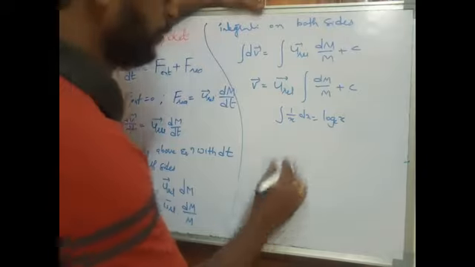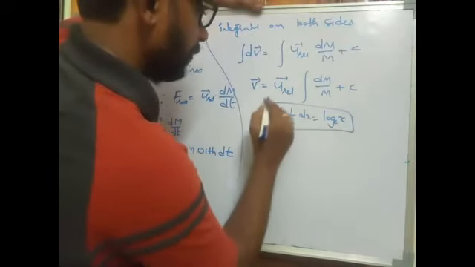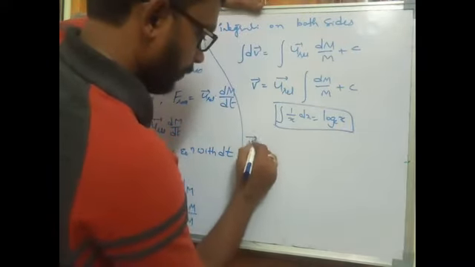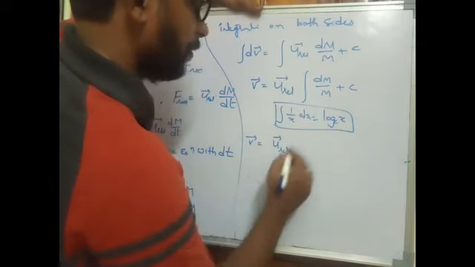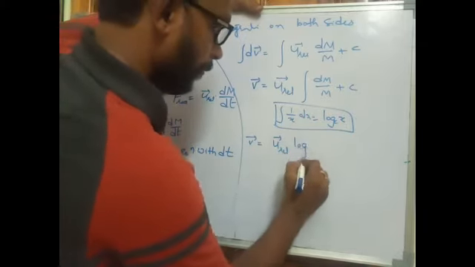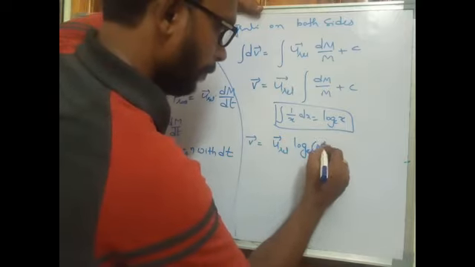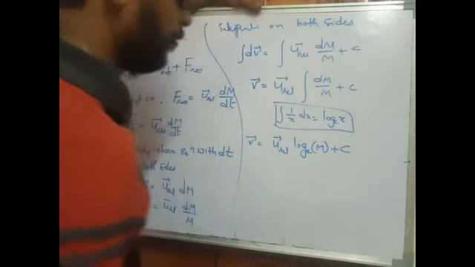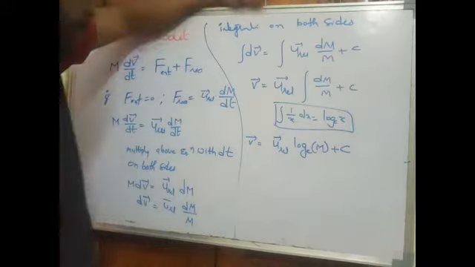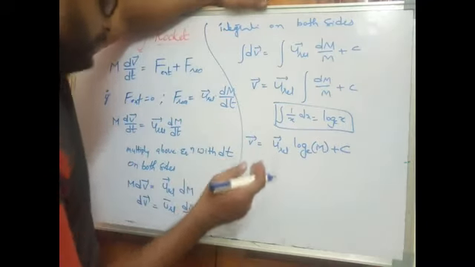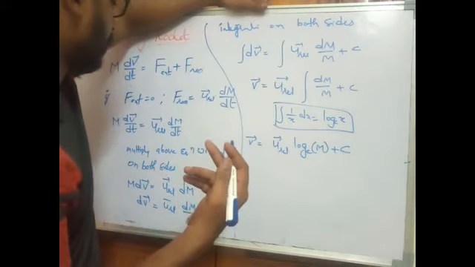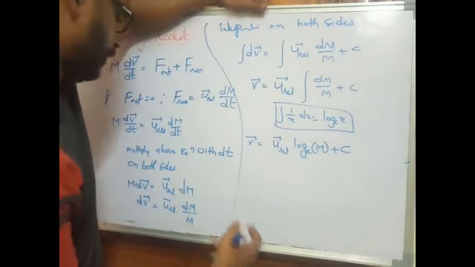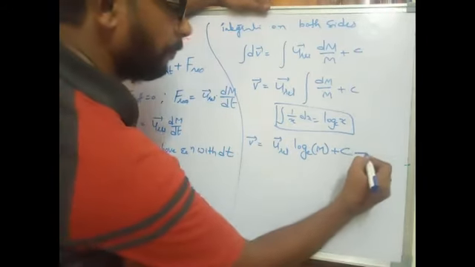Applying this, we get v bar equal to u relative velocity into log e m plus c. We assume this is equation number 4.